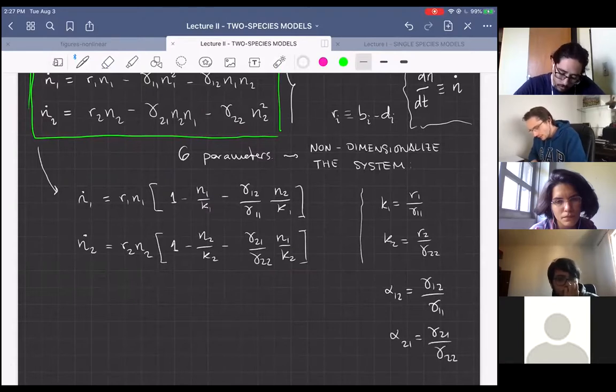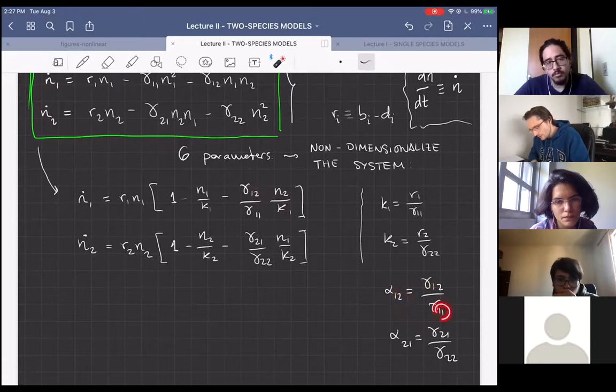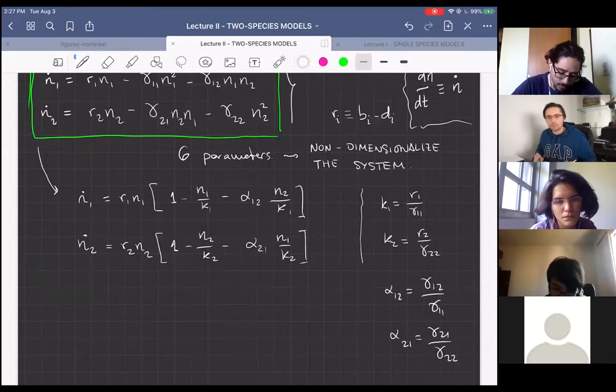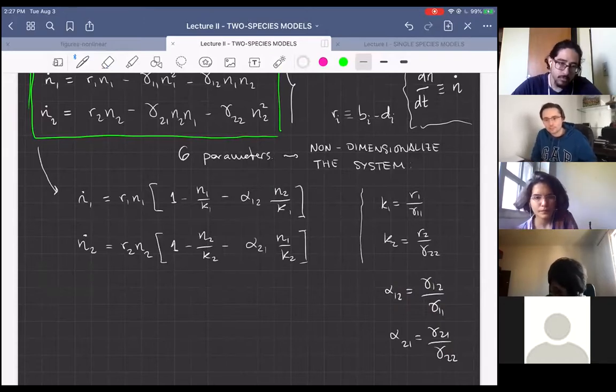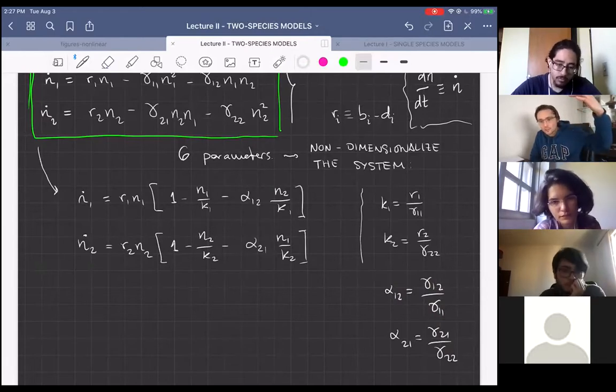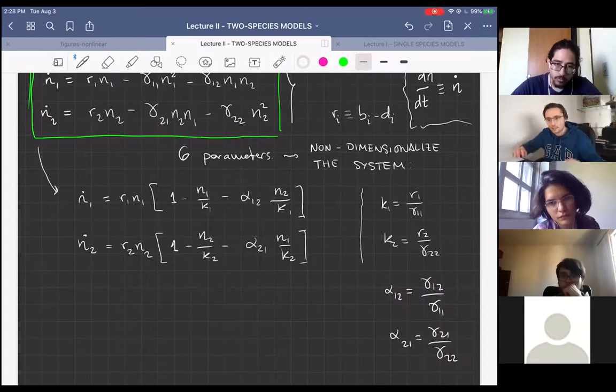So notice that I'm respecting the order of these indices here to put them into alpha, and because the denominator is always with the same index in the two places, I'm keeping it. So basically, with this definition, I can write it this way, and this is the way where you will find this equation most of the times, written in terms of the carrying capacities, which remember is the maximum population size that each of the species will reach in the absence of the other species.